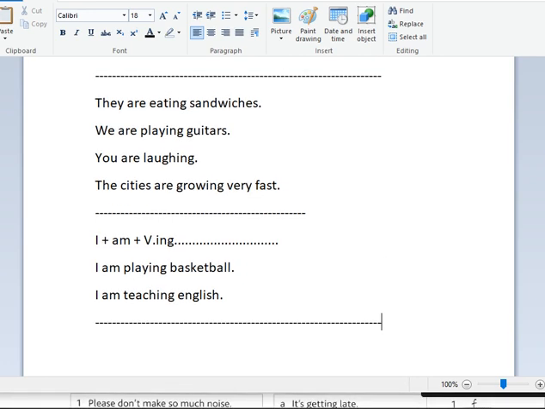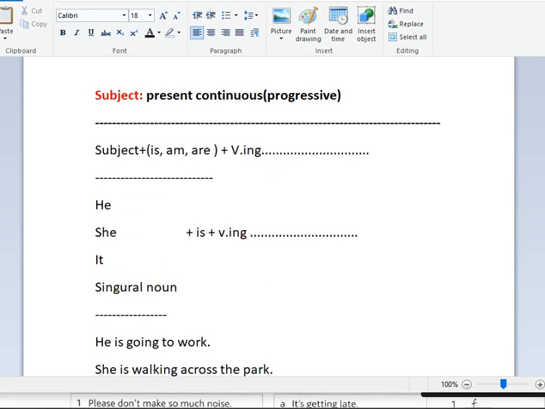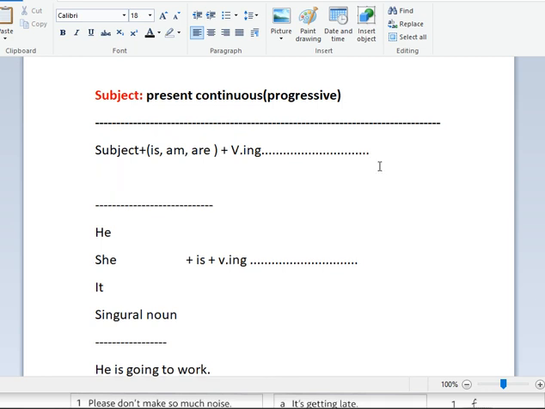So about the negative form, it's very easy. I'm just writing this general rule. For example, we have the subject, and we will add is, am, or are, the same, but one thing has changed.